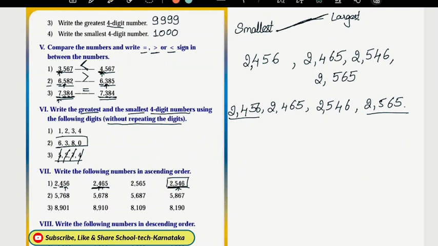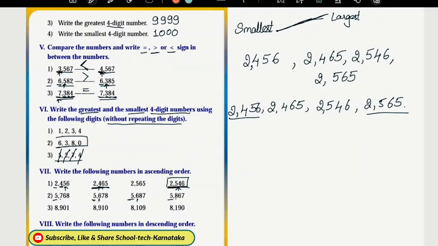Similarly, for the next given numbers, we have 5, 5, 5, 5 at thousands place. We move on to hundreds place. At hundreds place we have 7, 6, 6, 8. In these 4 digits, the smallest one is 6 exactly.